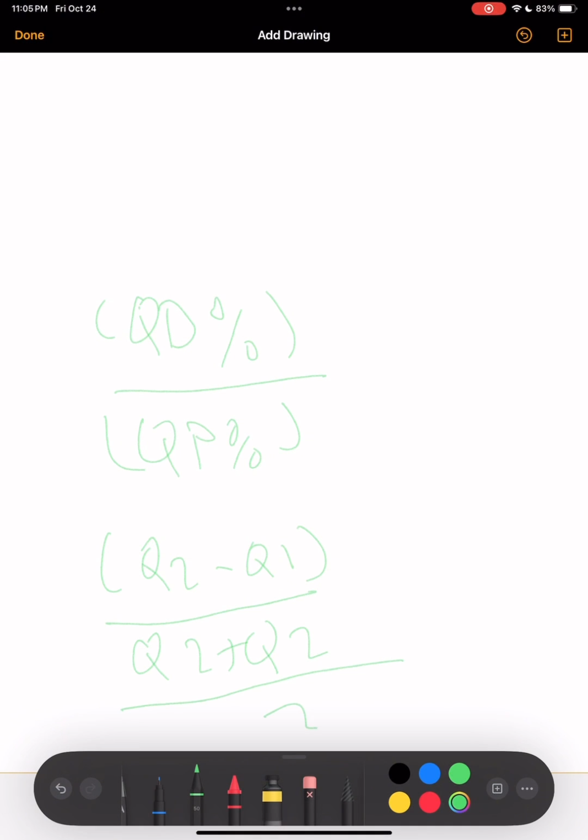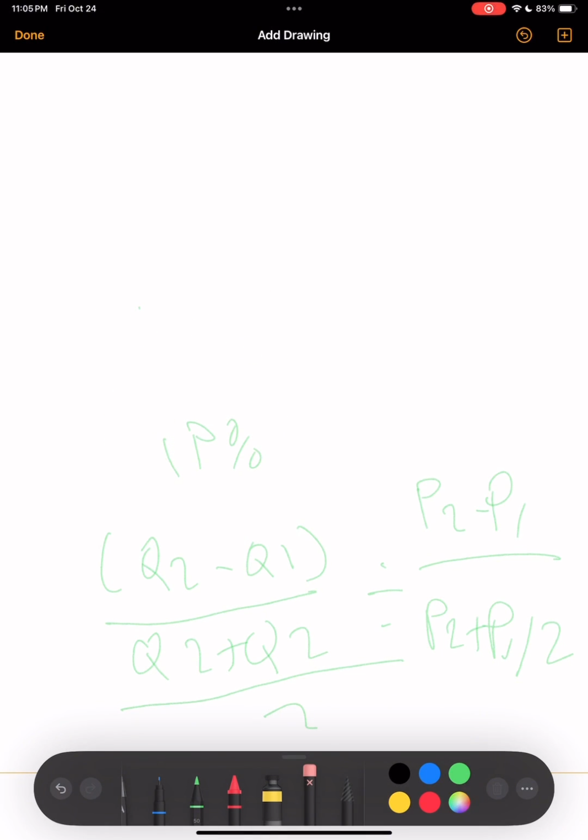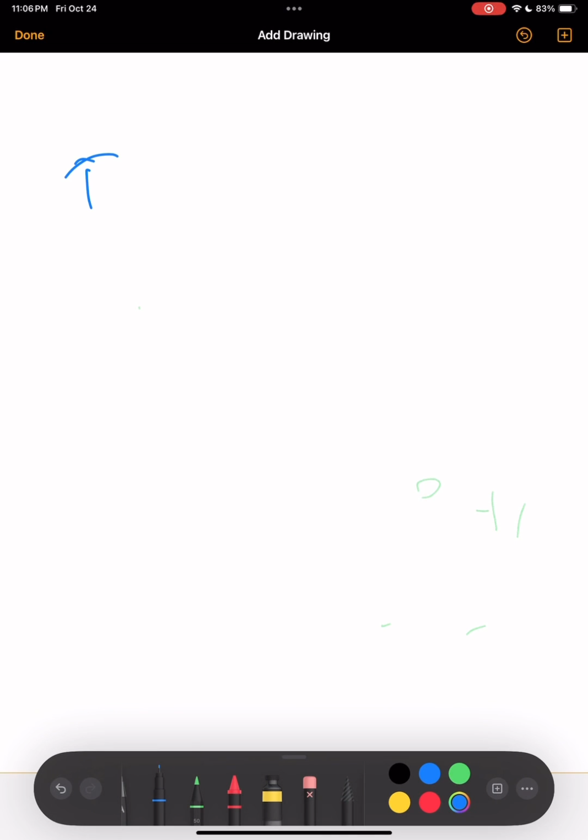Or you can also use plug and chug, which is the second quantity minus the first quantity over the second quantity plus the first quantity over 2, divided by the second price minus the first price over the second price plus the first price over 2.